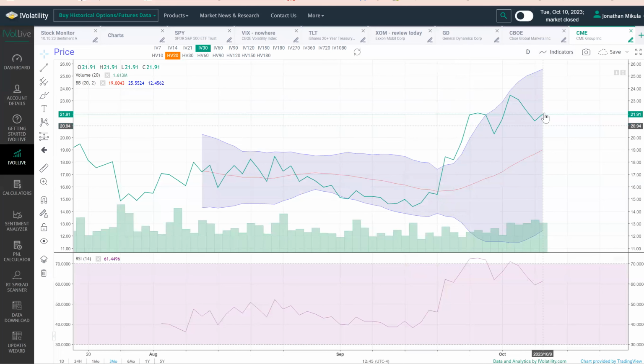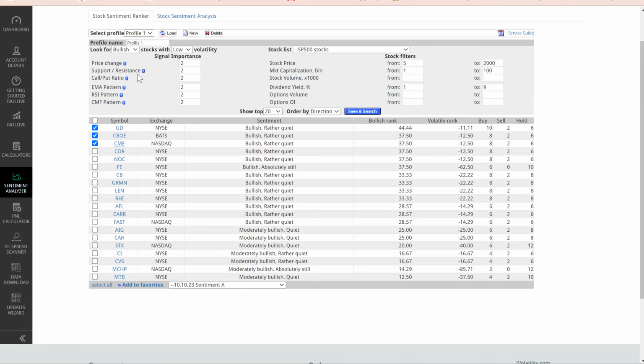Here, we're not really at an extreme, so this could uptick until it goes beyond this upper Bollinger Band. If this goes up, then that means options premiums are going to get more expensive. If this goes down, that means options premiums are getting cheaper. And as long as CME continues going higher, that's great, because we can take a bullish position at a cheaper price, with this uptrend. So that is a very good example of how to use those two tools together.